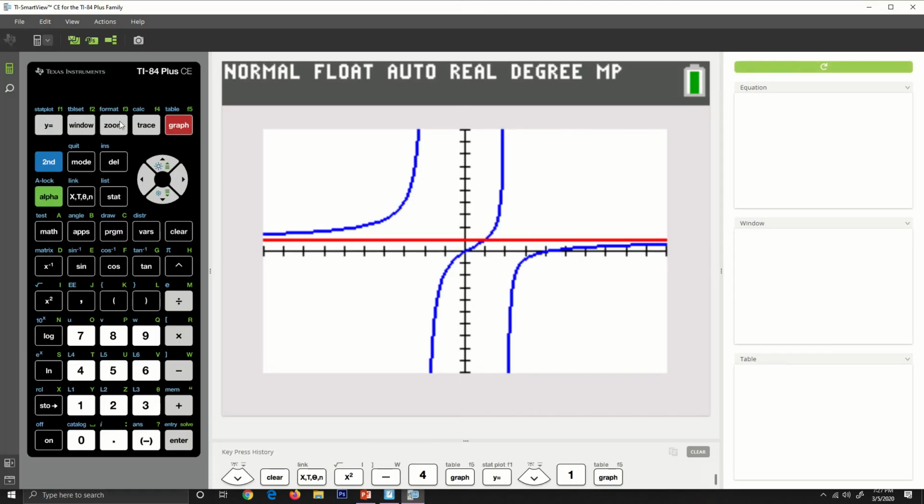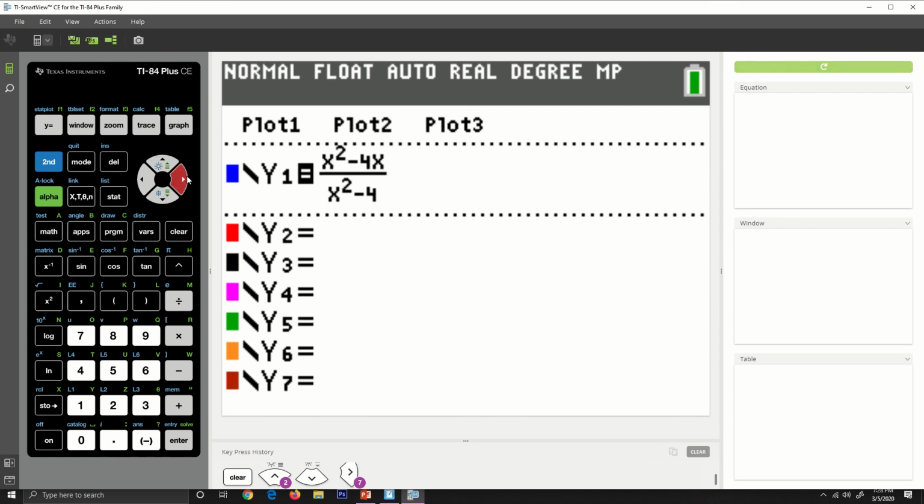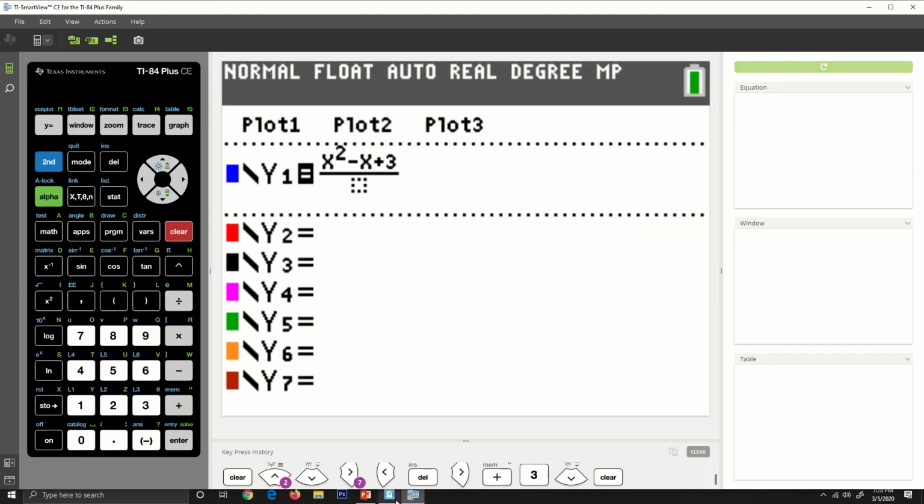Let's graph this thing. So let's go to our y equals, and we'll clear this out. And on the top, we have x squared, and then it was minus x, and then it was plus 3 on the top, and then on the bottom, we had, what do we have on the bottom there? x squared, that's wrong. So x squared plus 2x plus 1. So I need to fix that.